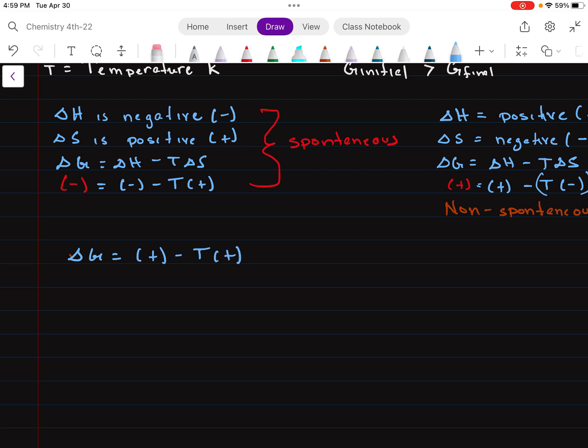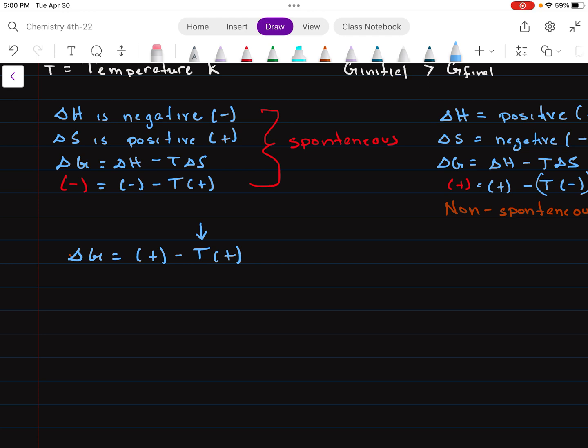So when this situation happens, this is where temperature begins to play a role. When delta H and delta S have the same sign, the temperature becomes critical in determining whether or not an event is spontaneous. In this situation, both delta S and delta H are positive. So only at a really high temperature will the value of T delta S be larger than the value of H. Then that difference makes G negative.